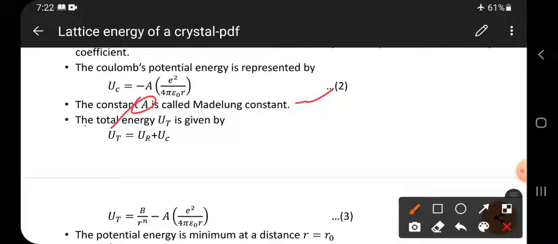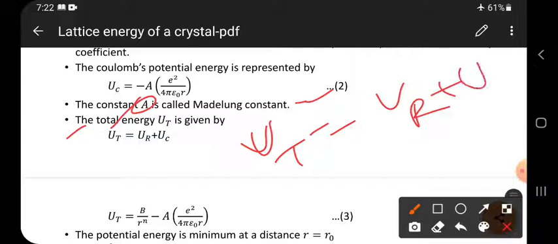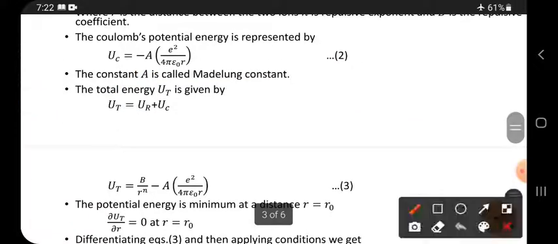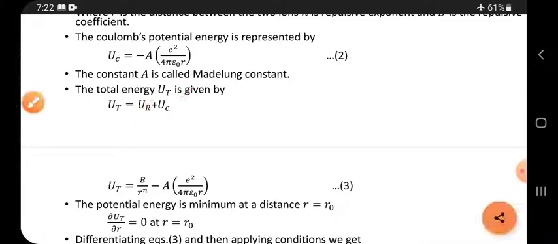The total energy U T is the sum of the repulsive energy and the Coulombic energy. Coulombic energy means attraction energy.